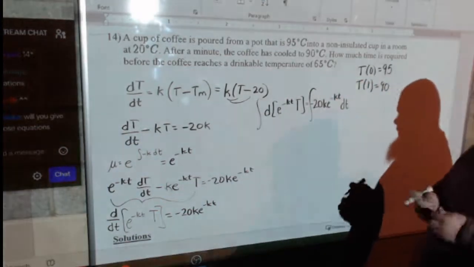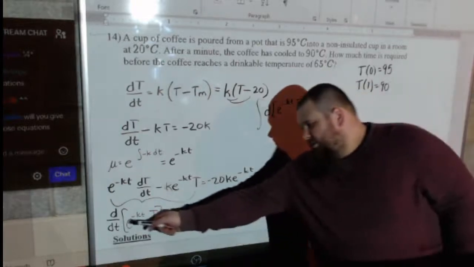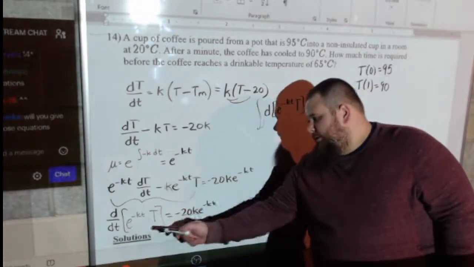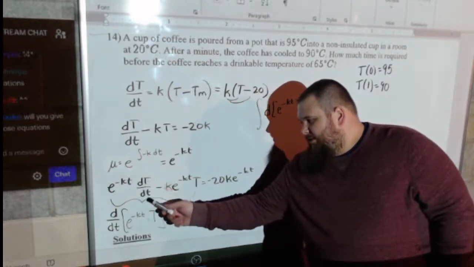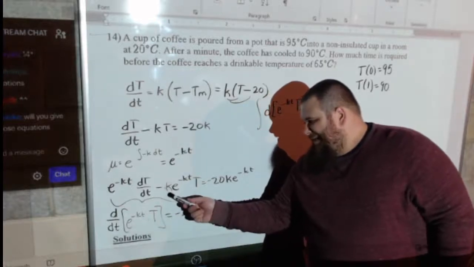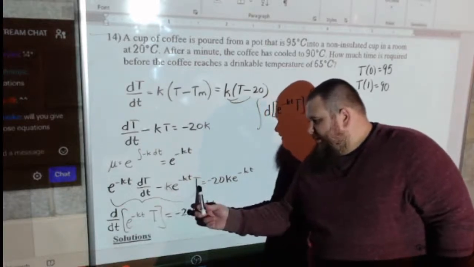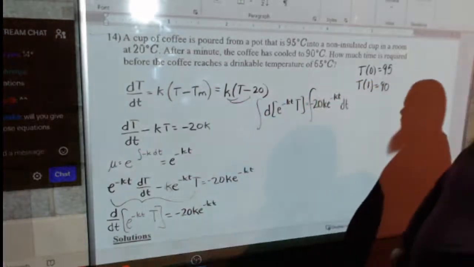You can also, prior to that step, check yourself, make sure that the derivative here equals this. If I leave e to the minus kt alone, take derivative of temperature, it's this. Derivative of e to the minus kt is minus k, e to the minus kt, and you leave temperature alone. So you get those terms, it looks good.